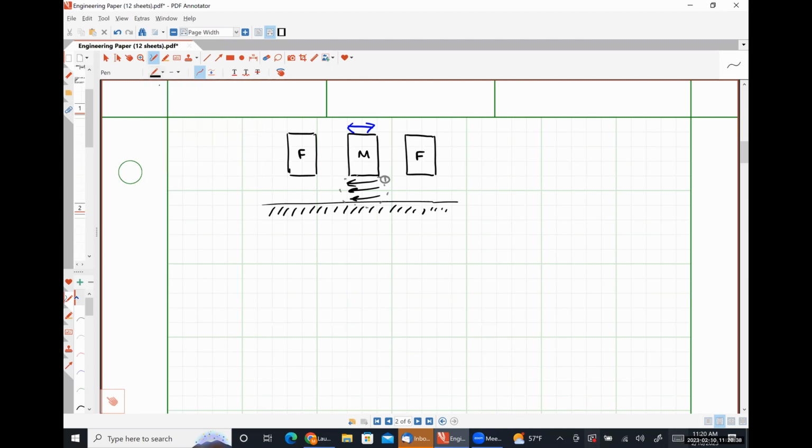Then you correctly identified that there's going to be squeeze film damping here as air gets squeezed out as the movable finger gets moved towards the stationary finger. So let's call that region 2.